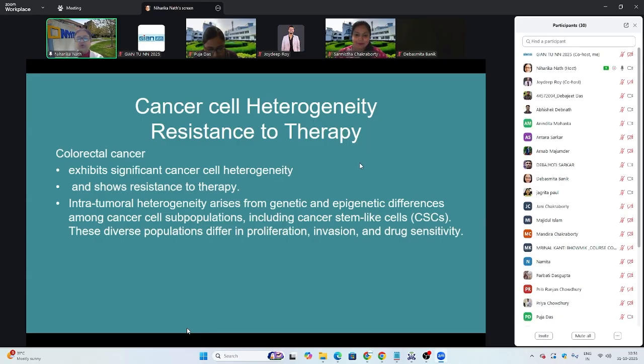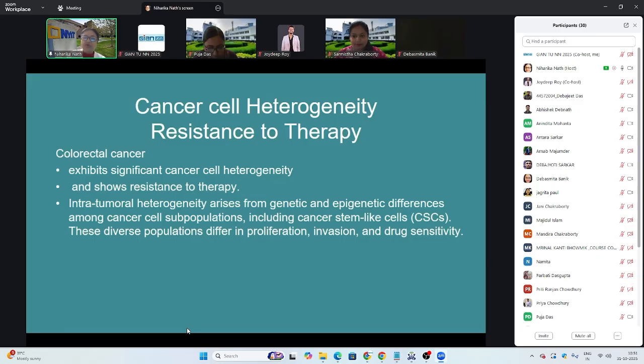So now let's talk about cancer cell heterogeneity. It's really about challenges and opportunities. That's what it's really for. So if we just stay fixated to colorectal cancer, then I can just tie it all in.